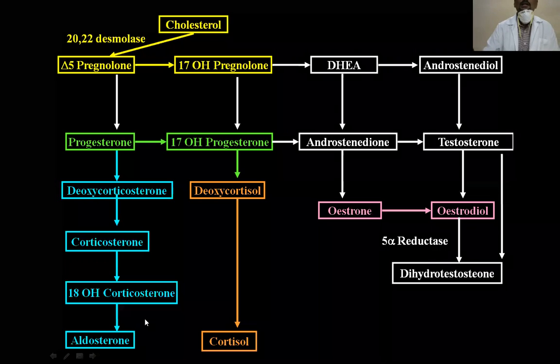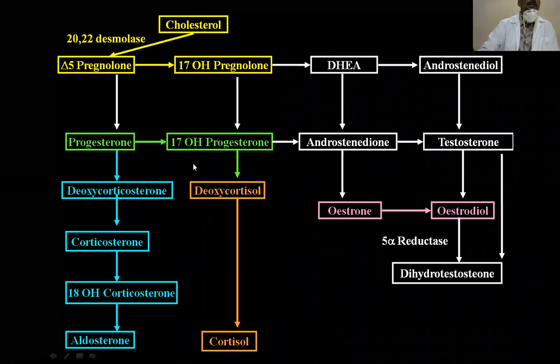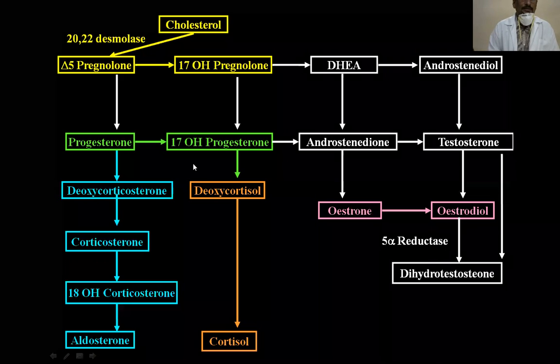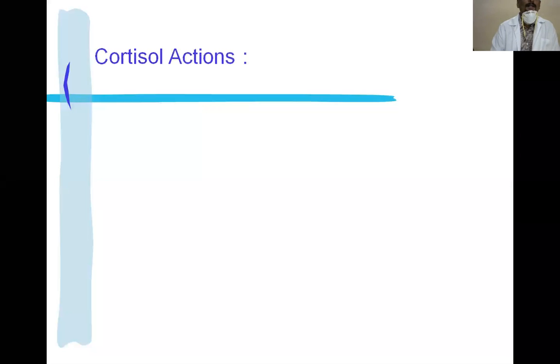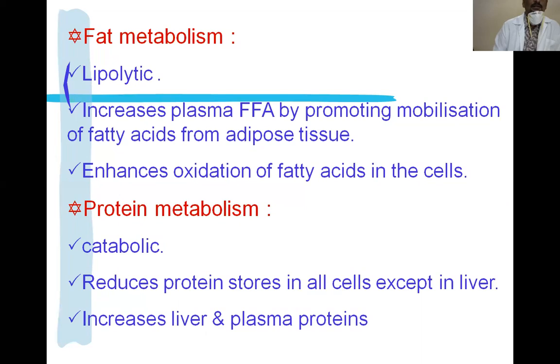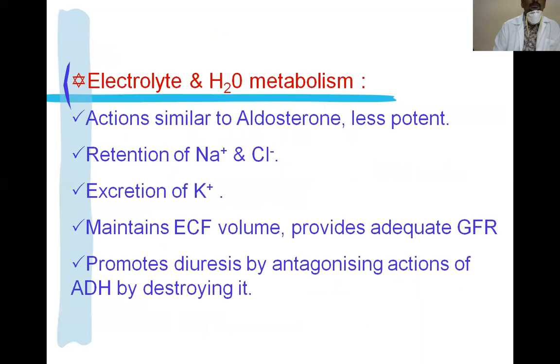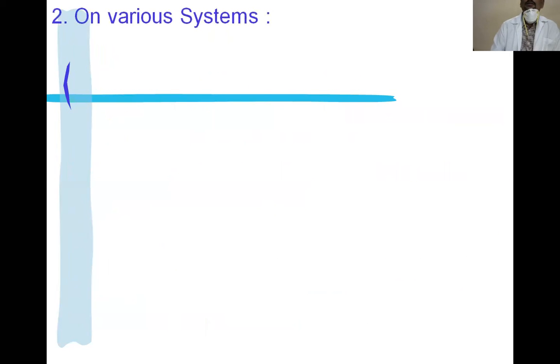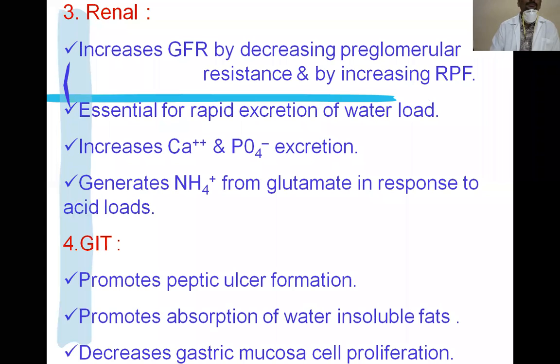Of course, you might have learned the details in biochemistry, but from cholesterol to pregnenolone, this is synthesized by various desmolases and hydroxylases. These are all the actions of the glucocorticoids we have seen, and we will restrict our discussion to the mineralocorticoid today.